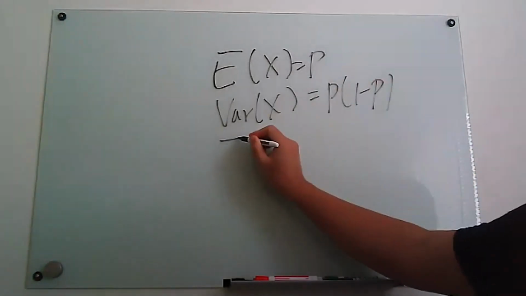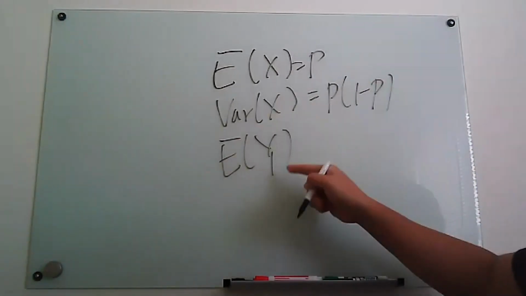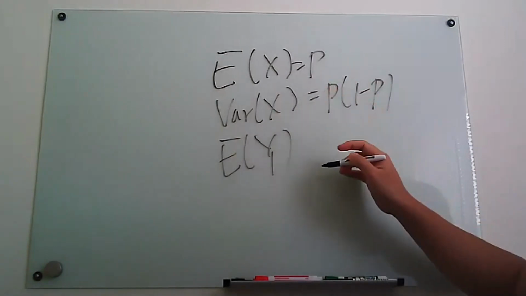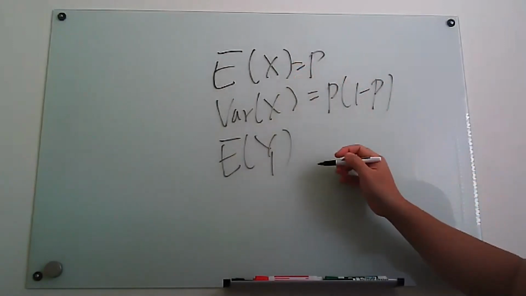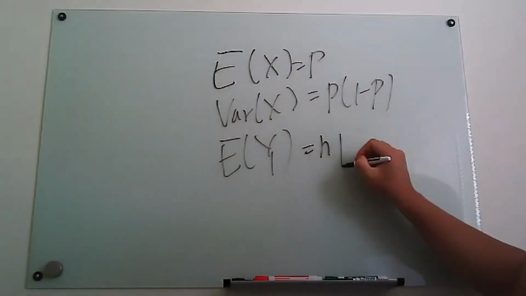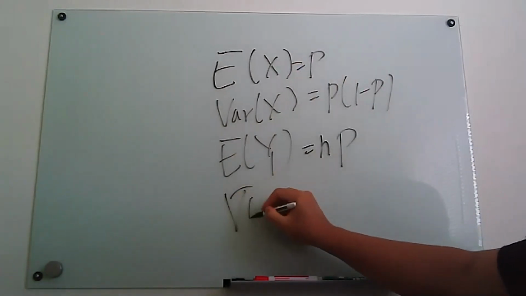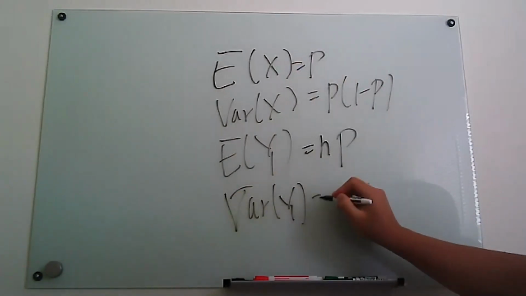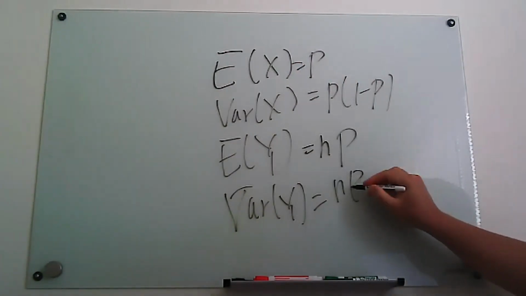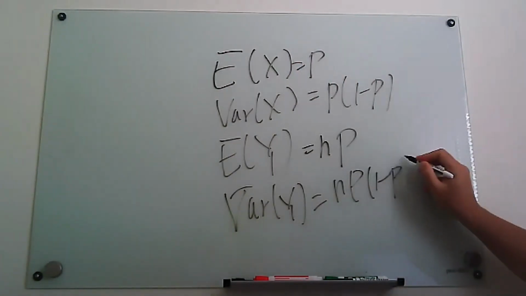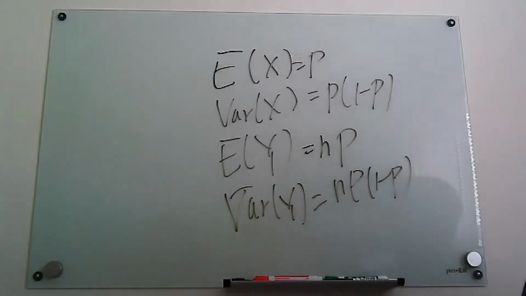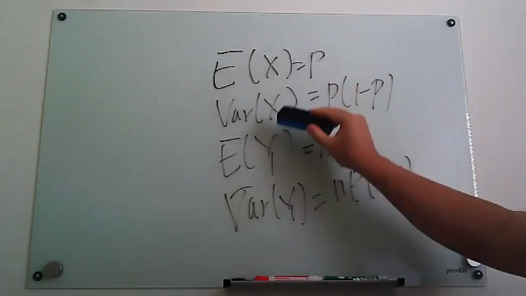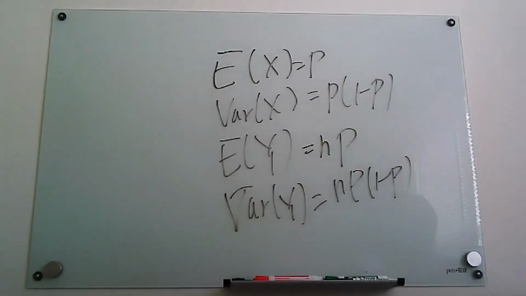But if we are looking for the expected value of y, where y is the number of successes and each binary x equals 1, then that is n times p, and the variance of y would be n times p times (1 minus p). So these are the formulas, but make sure you know the difference between x and y, okay?